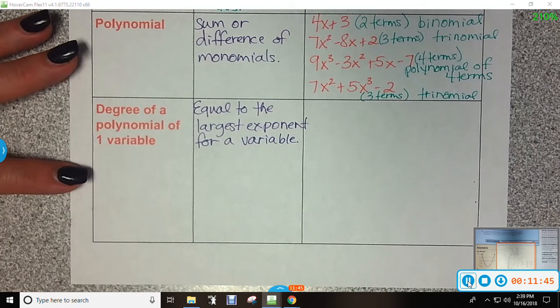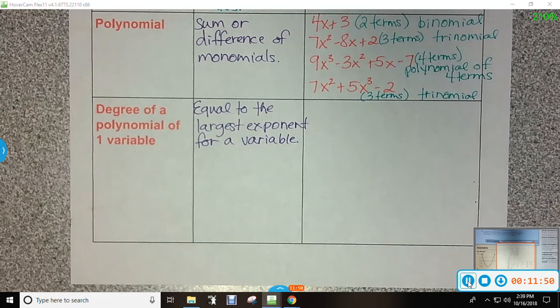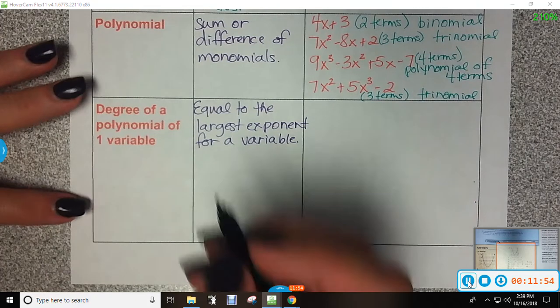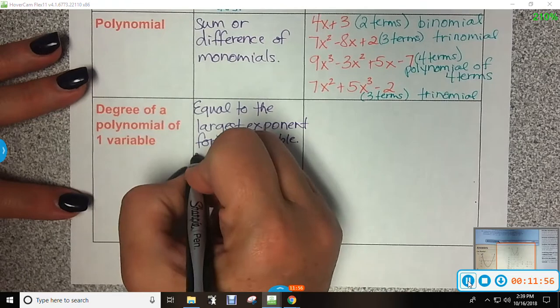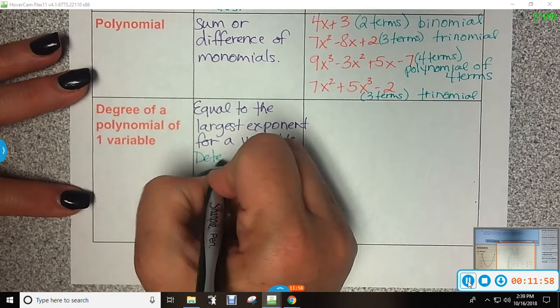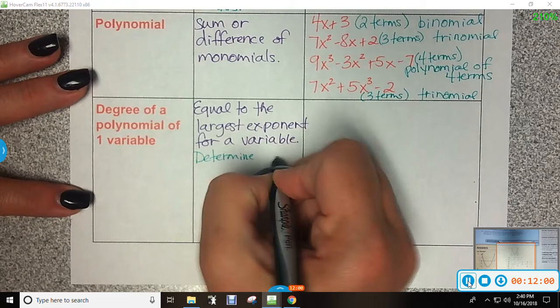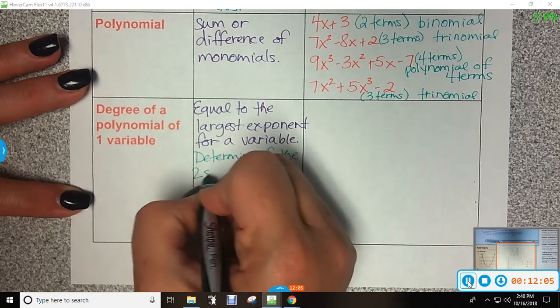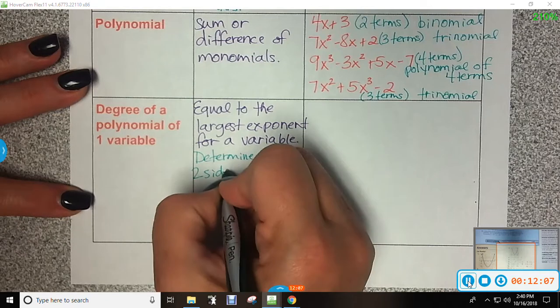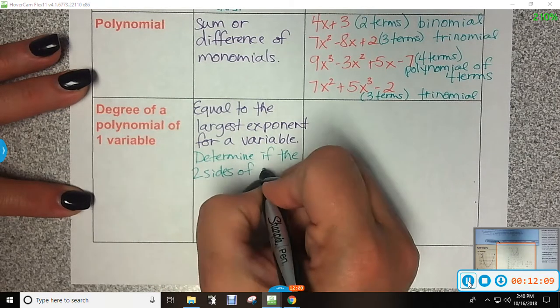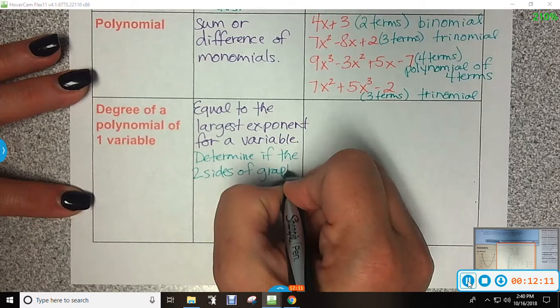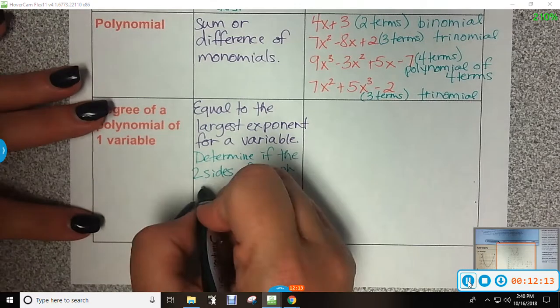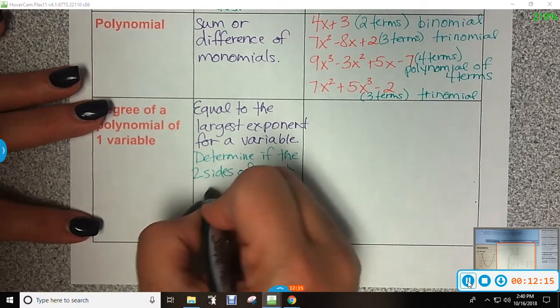And this tells us something about the graph. Just like with the monomial, it will tell us how many times it touches the x-axis, but it also helps us to determine if the 2 sides of the graph, the left side and the right side, go the same direction or opposite directions.